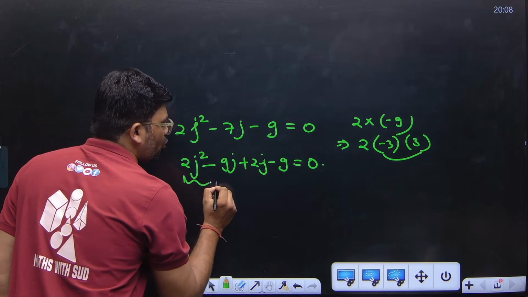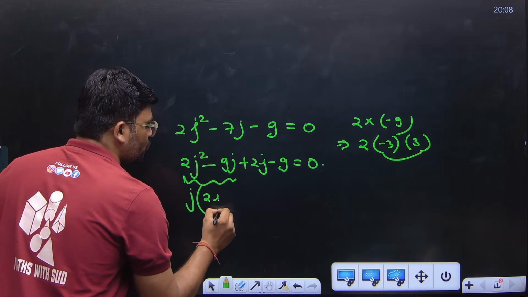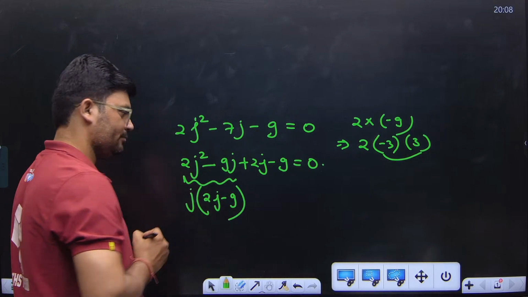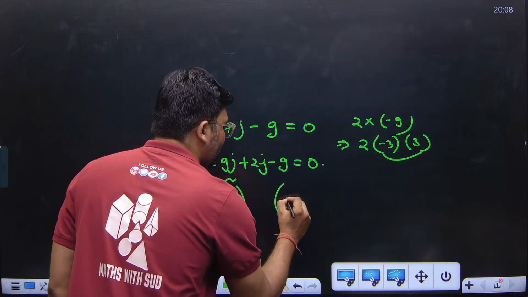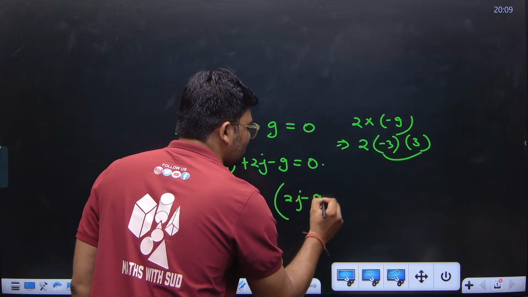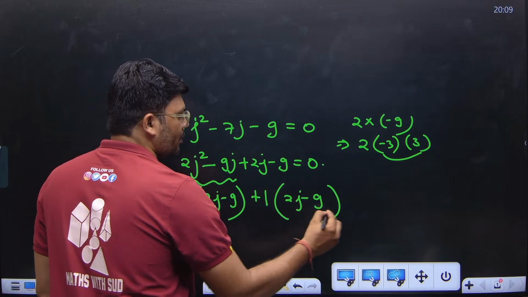Then what can you take common from these two? So you can take j common, so you will get 2j minus 9. And in the second bracket you will write again 2j minus 9. Now how will 2j minus 9 be formed? By taking 1 common.